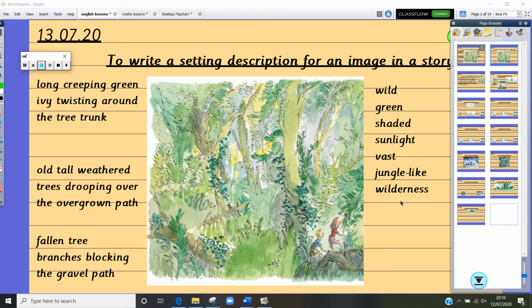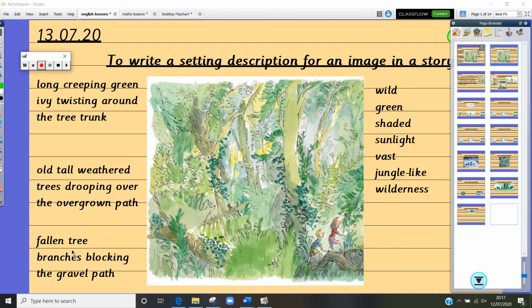And then on the left-hand side, I've got some more detail, but still description. So we've got long, creeping green ivy twisting around the tree trunk. It was this bit here that caught my eye, where the ivy is twisting up and around that tree trunk. I've got an old, tall, weathered tree drooping over the overgrown path, and I think this one is drooping because it's leaning slightly to the left.